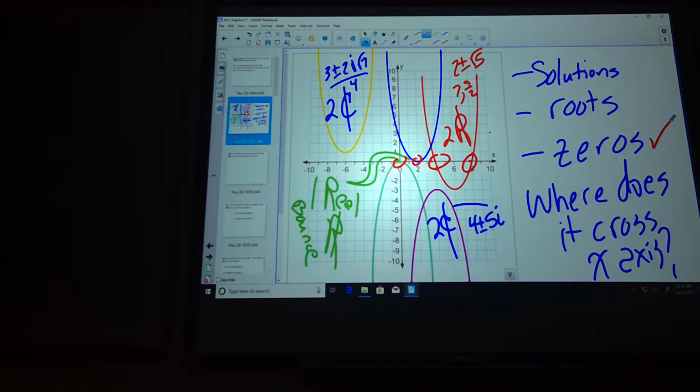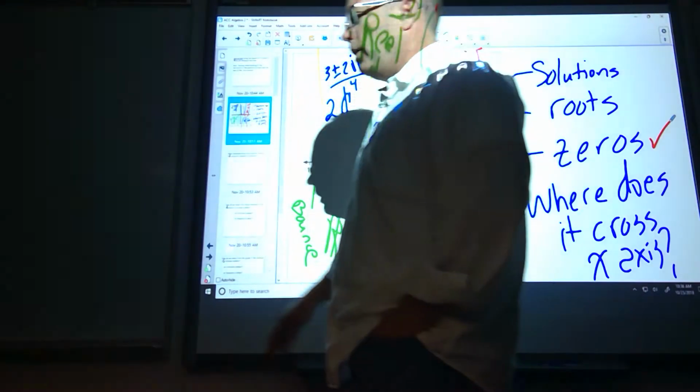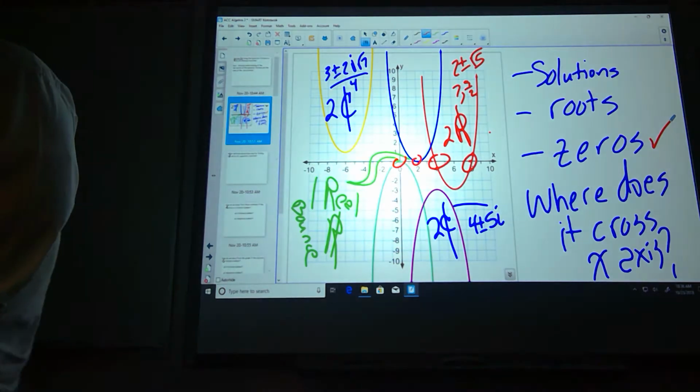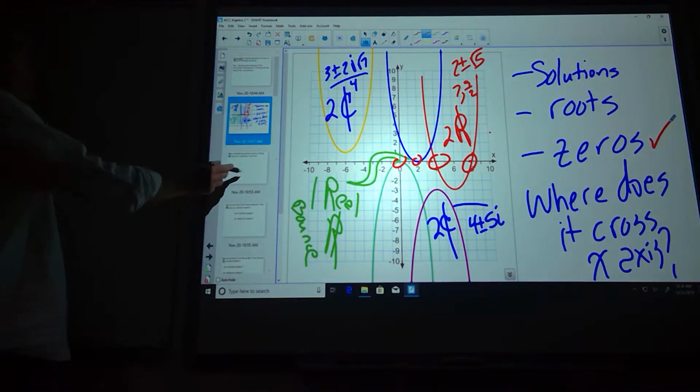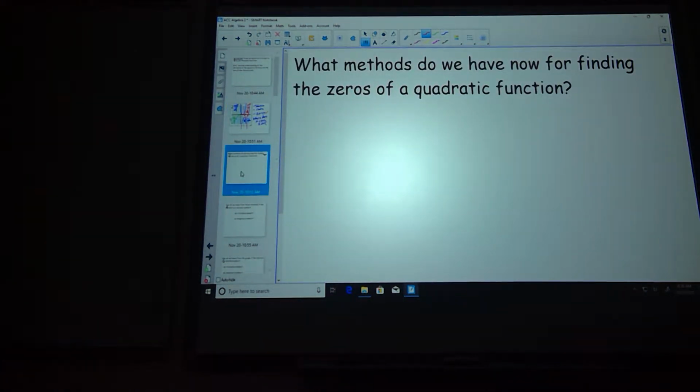The roots mean that, hey, it could fall into having imaginary numbers, meaning it won't cross the x-axis. And then the solutions are kind of the catch-all for all of them. Is that okay? I think this will make a little more sense in a moment. So what methods do we have for finding zeros?